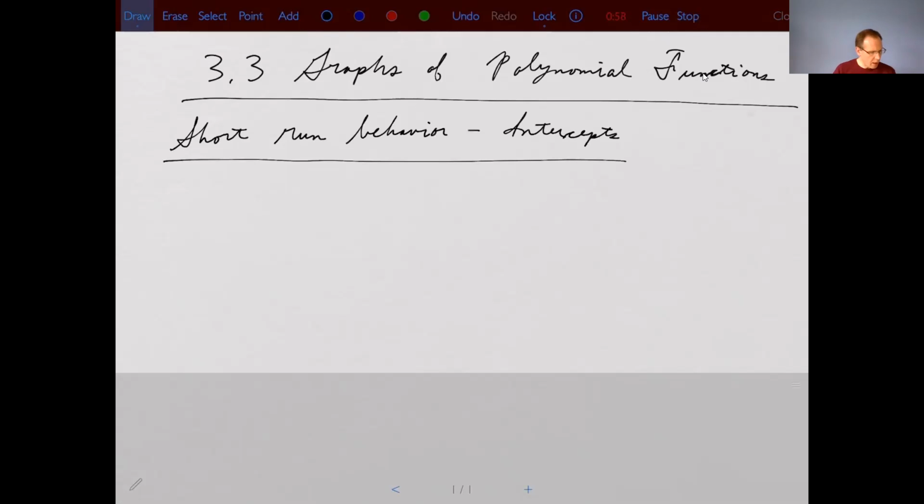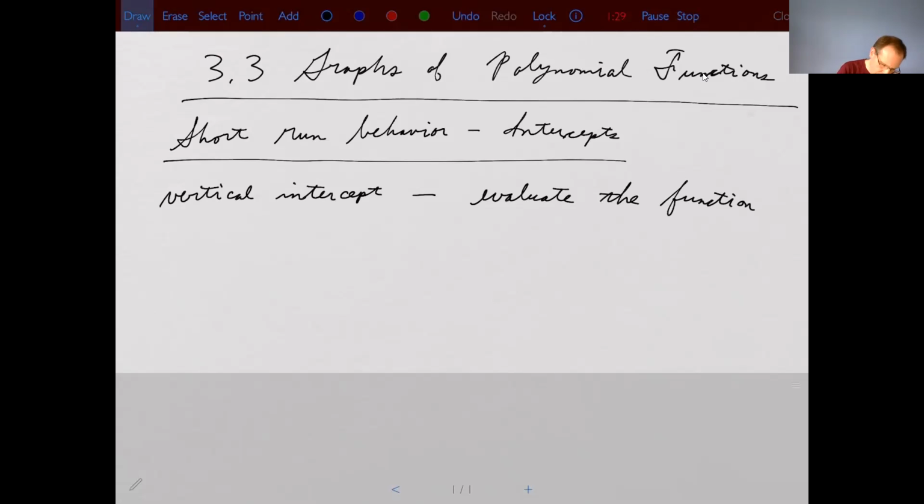Okay, so to find the vertical intercept, this is going to be exactly the same as before. Basically, I'm going to evaluate the function when the input is 0.